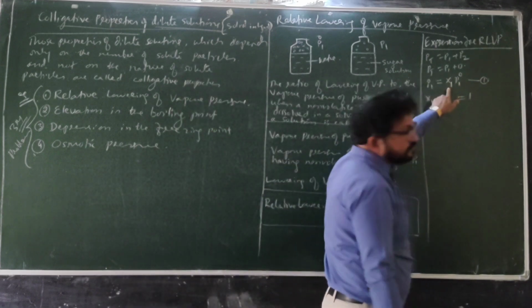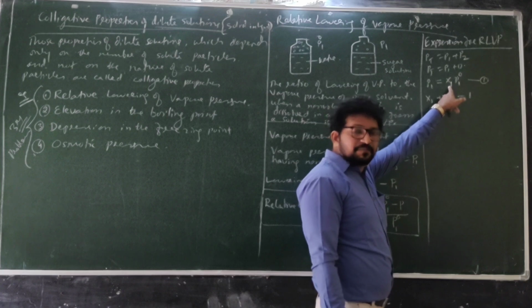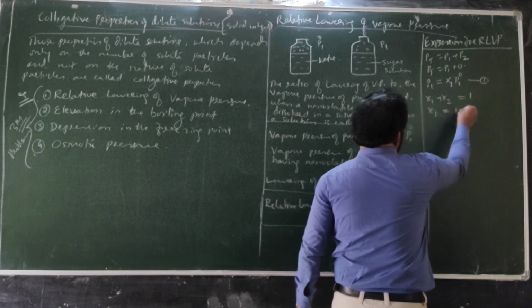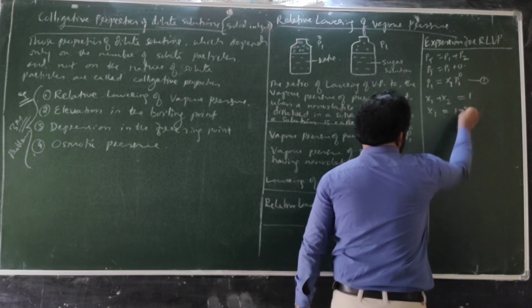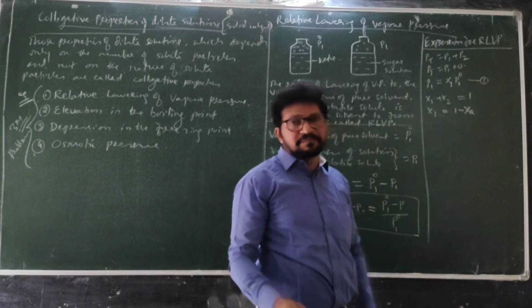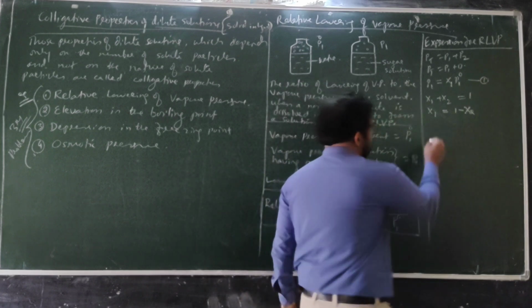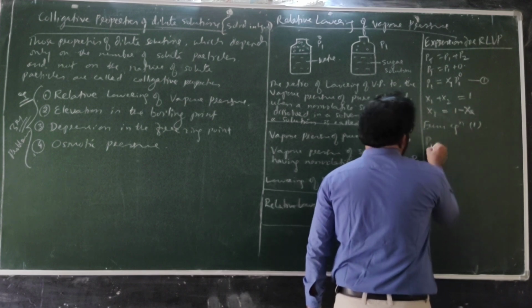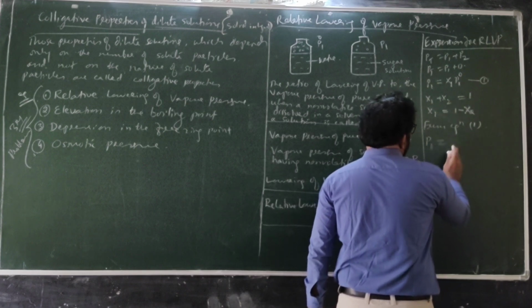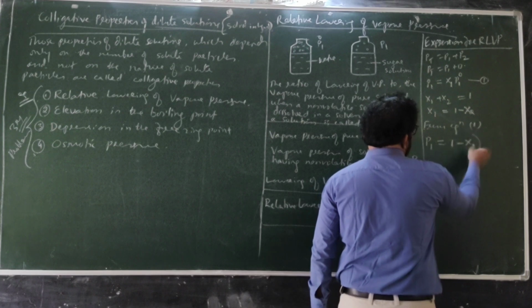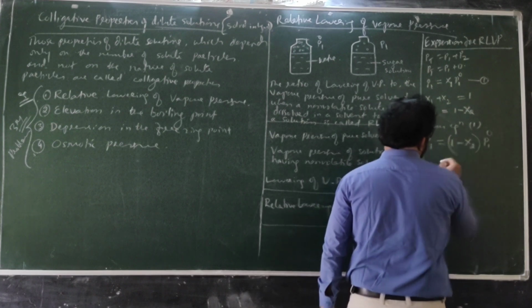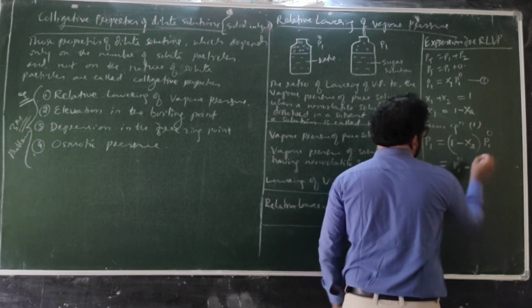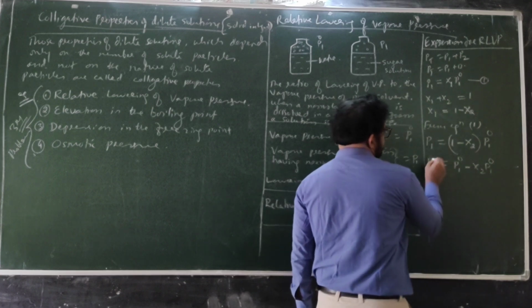So I will express x1 in terms of x2. So x1 is equal to 1 minus x2. Is it acceptable? Now from equation 1, P1 is equal to 1 minus x2 into P1 naught, which is P1 naught minus x2 P1 naught. Open the bracket.